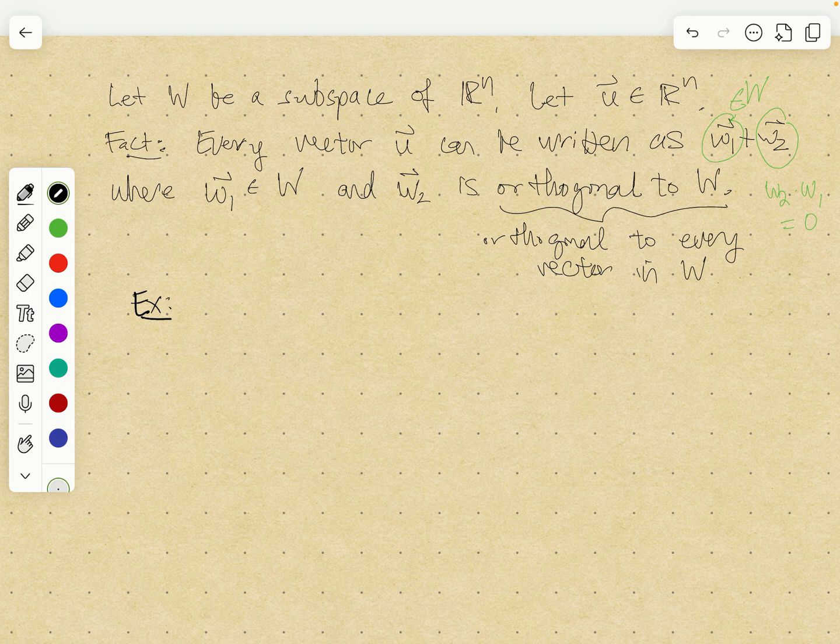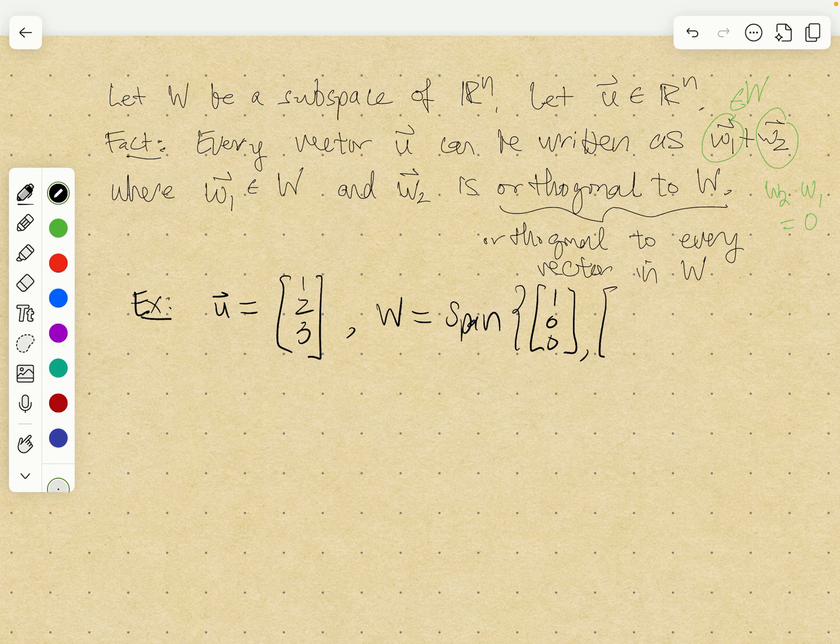So let's say I have the vector u, which is 1, 2, 3, and W is a plane in R3, spanned by the vectors 1, 0, 0 and 2, 2, 1.